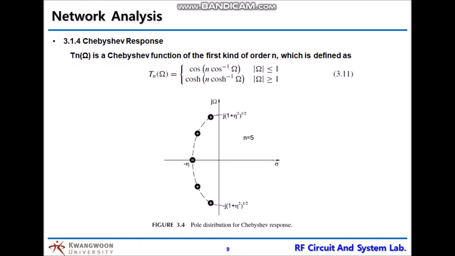Tn is the Chebyshev function of the first kind of order n, which is defined as equation 3.11. Hence, the filters realized from equation 3.9 are commonly known as Chebyshev filters.